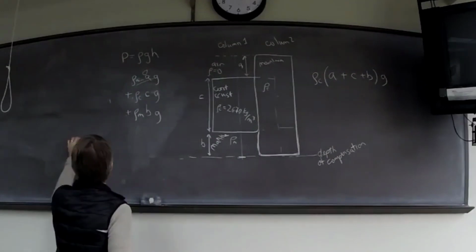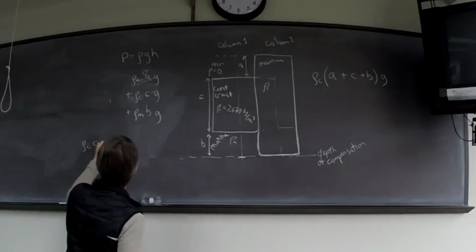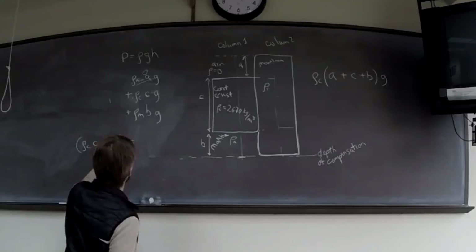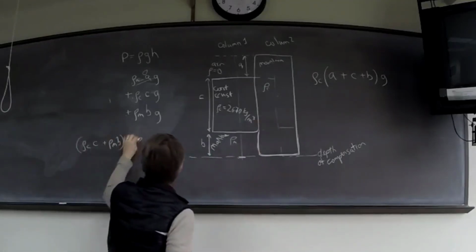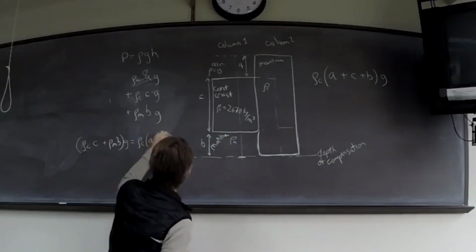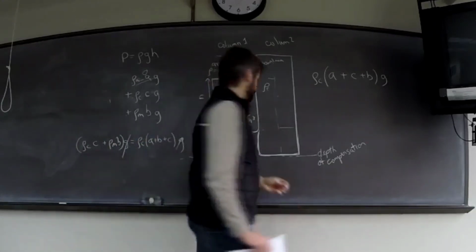So we've got rho C C plus rho M B, all times G, is equal to rho C times A plus B plus C, times G. Obviously our G's cancel.